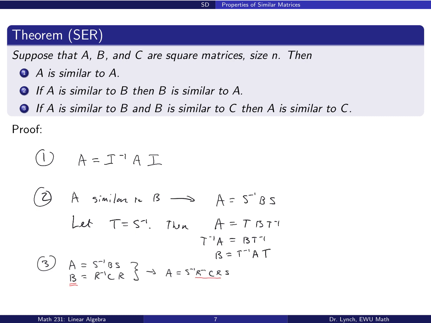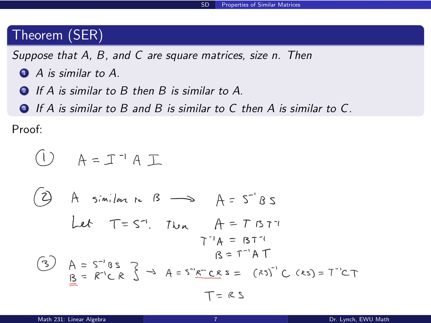Now, of course, by properties of the inverse, we can express this as the inverse of one matrix times C times another matrix. So again, this is a transitive property. If A is similar to B through S and B is similar to C through R, then A is similar to C through RS, which I'm calling T here.